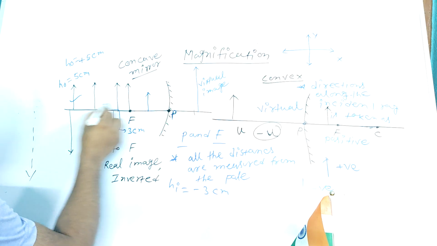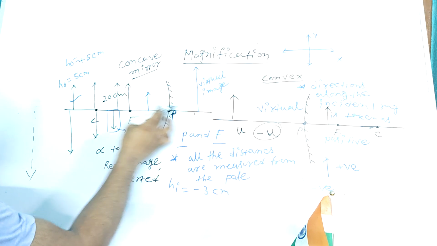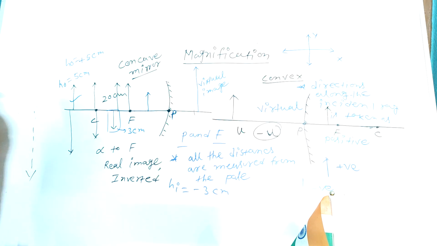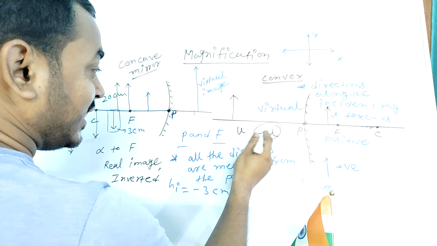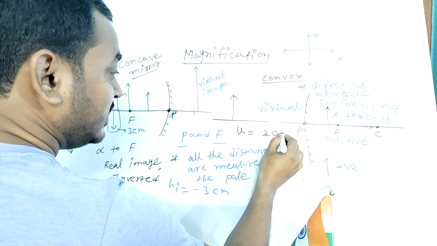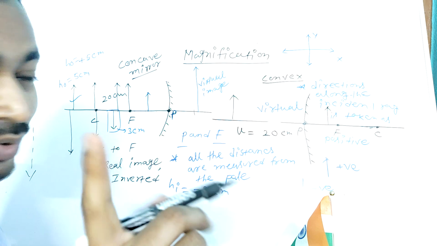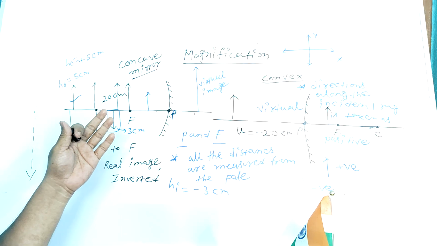For example, from the pole to this object, say it is 20 centimeters. It is 20 centimeters away from the pole. So what is the value of U? That time, write U is equal to 20 centimeters. No, it is minus 20 centimeters because it is opposite to the direction of the incident ray.